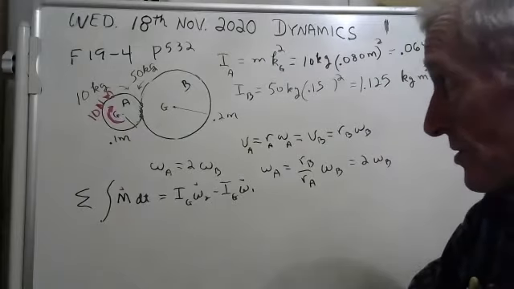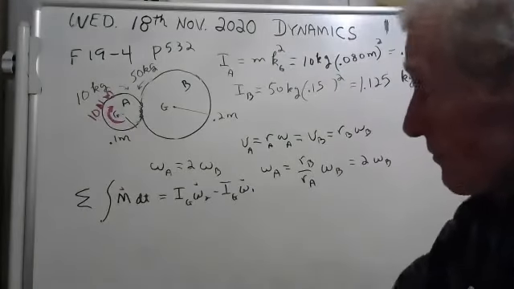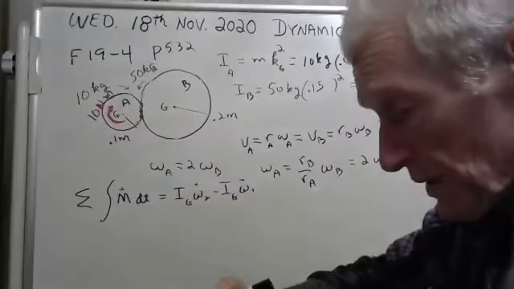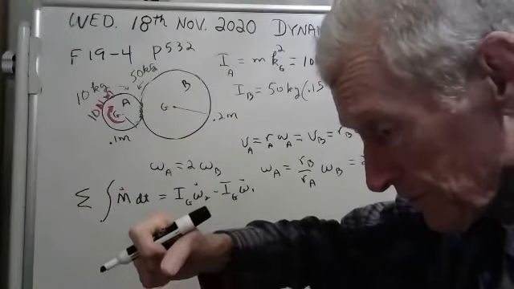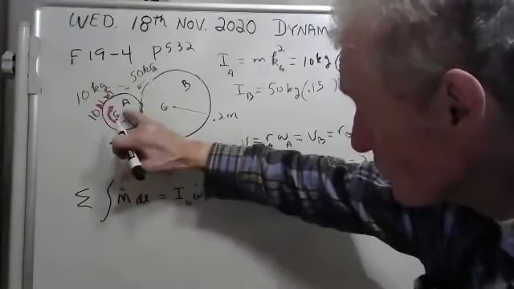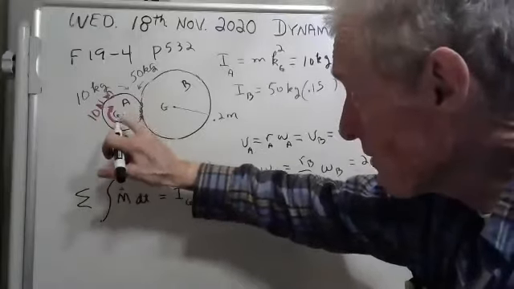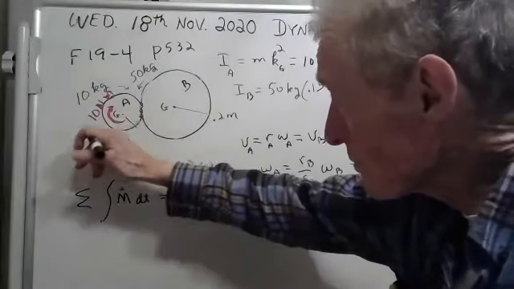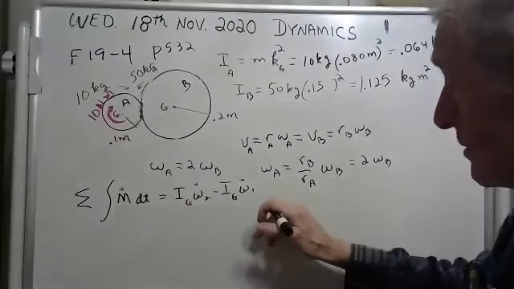Okay, now here's the tricky part. There's an external moment, like somebody with a tire iron that's trying to twist this gear. Or you might even have a small inner pulley, you know what I'm talking about.